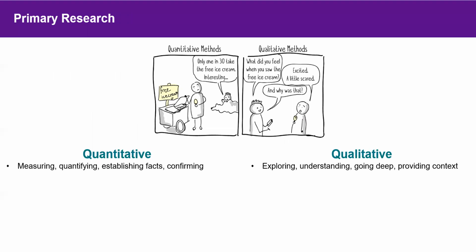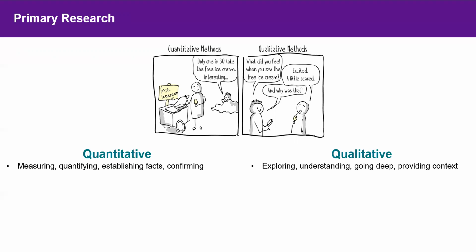And primary research largely falls into two traditional buckets. You have your quantitative on the left and your qualitative on the right. So we can think about quantitative research being much more about exactitude. You would use quantitative research to measure something, to quantify how many, to establish a fact or establish known entities, and to confirm.